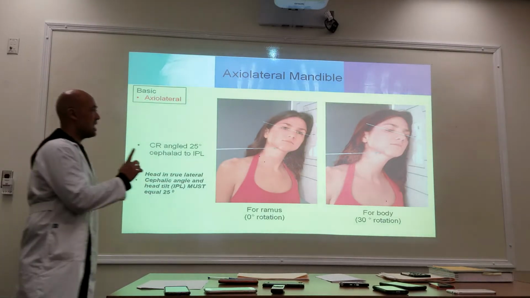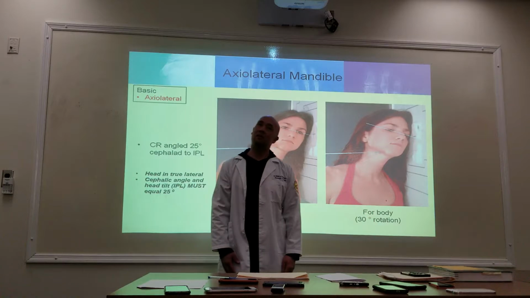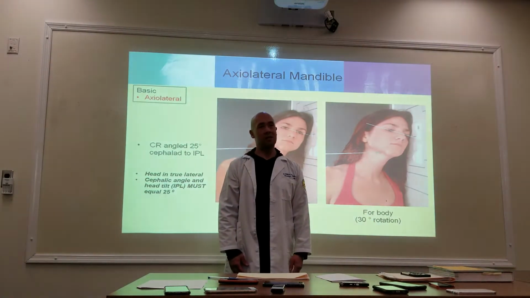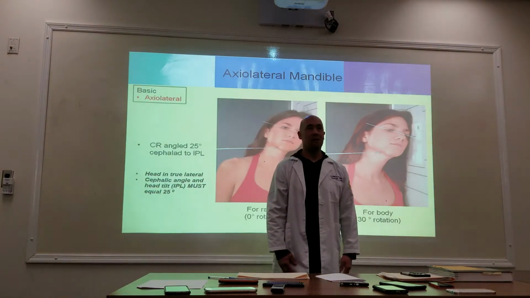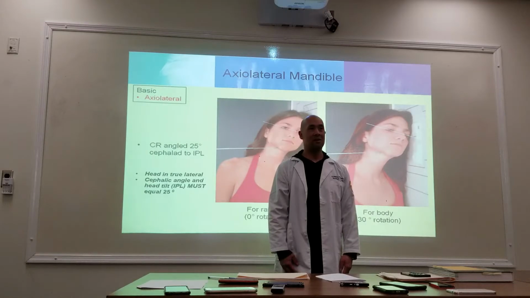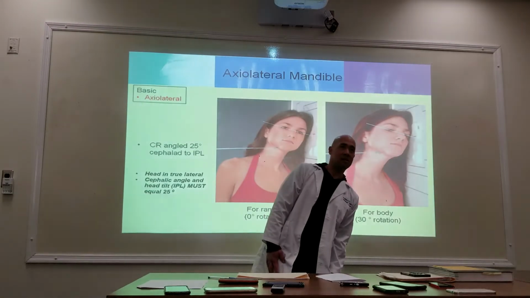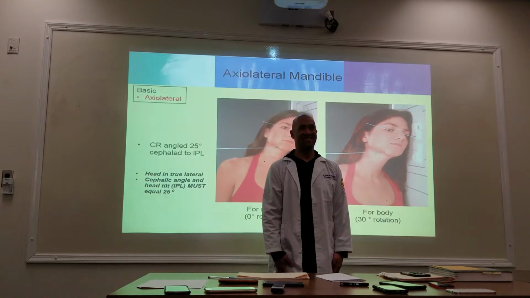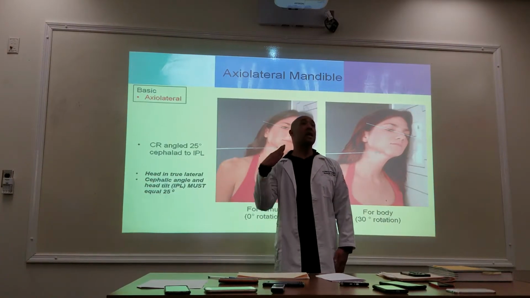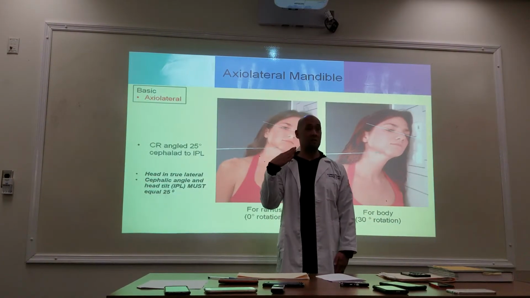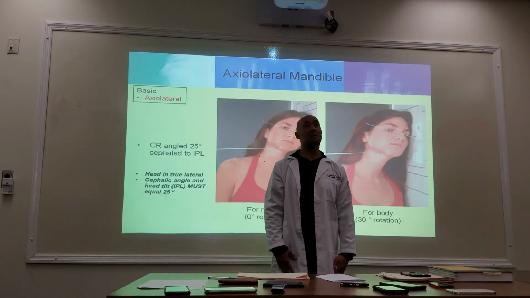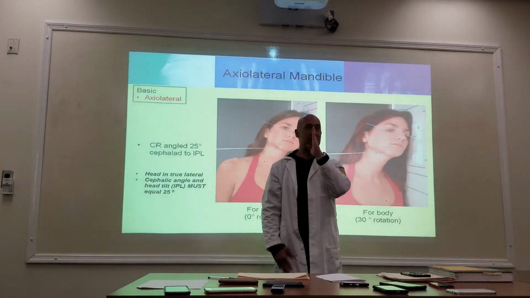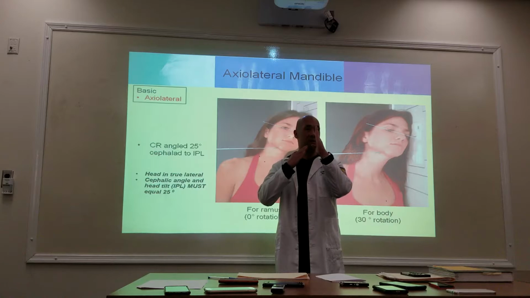Now, if the patient cannot tilt their head and they're like this, what can I do now? Angle the tube. Tilt their body? Angle the tube somehow. I like that. So we're going to angle 25 degrees. If they can't tilt their head and are straight up and down, we're going to angle 25 degrees.